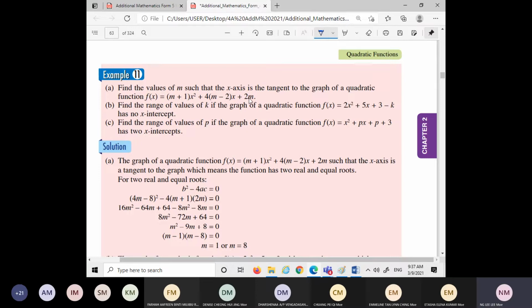The important keywords are here: the x-axis is the tangent.